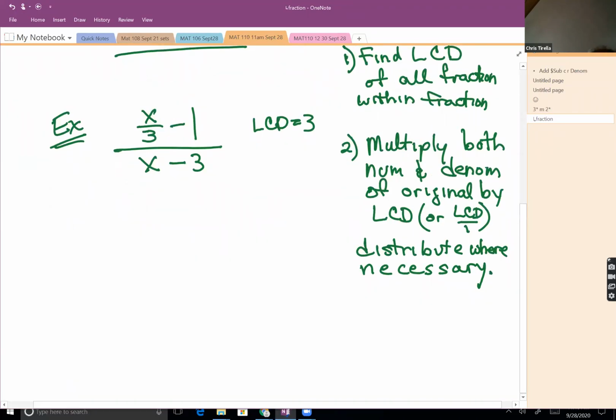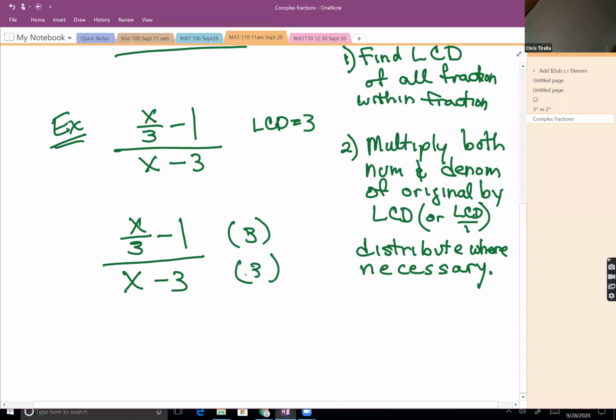Do you guys want me to wait a minute, or are we all together? We good? Hearing nothing. x over 3 minus 1 over x minus 3. I'm going to multiply the numerator and the denominator by 3. Again, because I'm multiplying them both by the same thing, I'm only multiplying by 1, so I'm not changing the value.